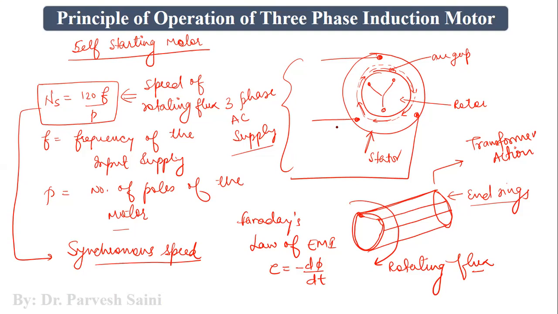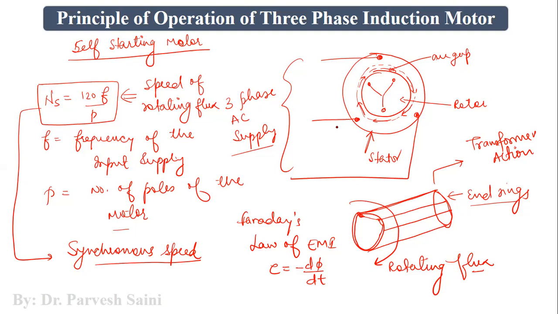However, the difference is that the transformer is a static device. It does not have any rotating or moving part. But a three-phase induction motor is a dynamic machine which has a rotating part. It is an electromechanical energy conversion device, right?